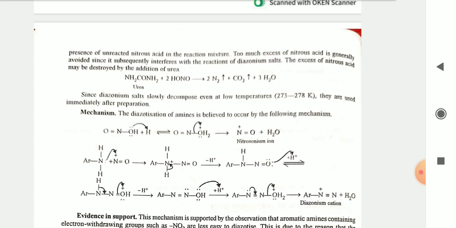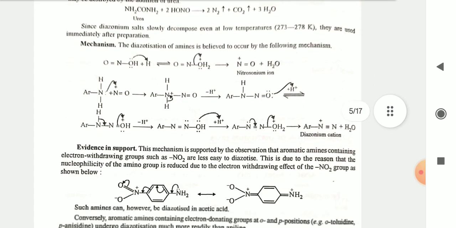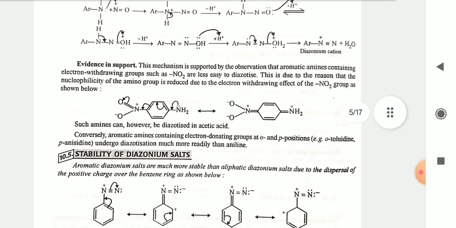Mechanism: the diazotization of amine is believed to occur by the following mechanism. Evidence in support: this mechanism is supported by the observation that aromatic amines containing electron withdrawing groups such as NO2 are less easily diazotized.